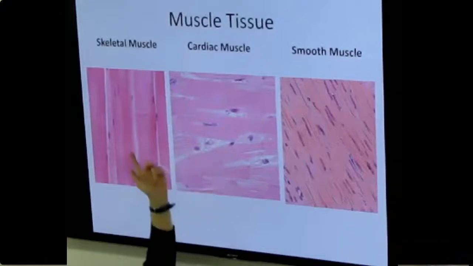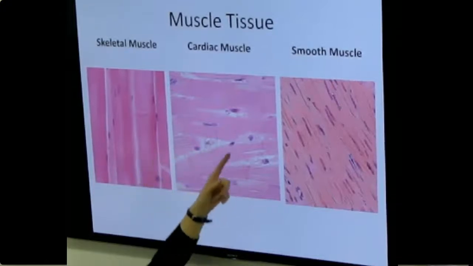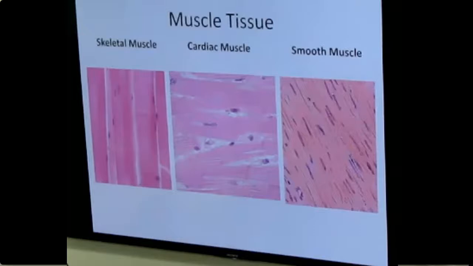Cardiac muscle, we see that there are some similarities because they also have these striations. However, cardiac muscle cells are shorter and stumpier. See these little junctions here. That might be the shape of one cardiac muscle cell. Here's another one. Taking a few liberties with my drawings here, but they're a little more jagged.